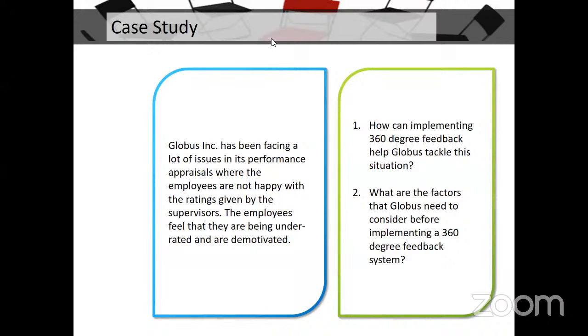Number one, how can implementing 360-degree help the organization tackle this situation? I see if the employees are not happy with the ratings given by the supervisors, then maybe there's a gap in training of the supervisors to understand the performance appraisal tool.